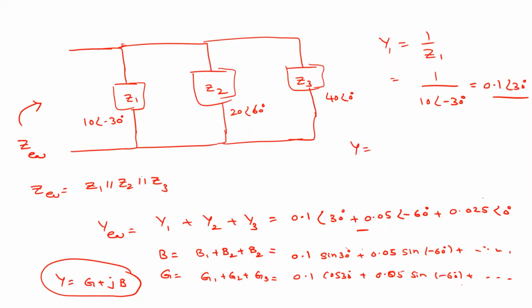Don't say it like 2 by root 3; whatever the exact value is, tell me that. B is 0.0067, sir.